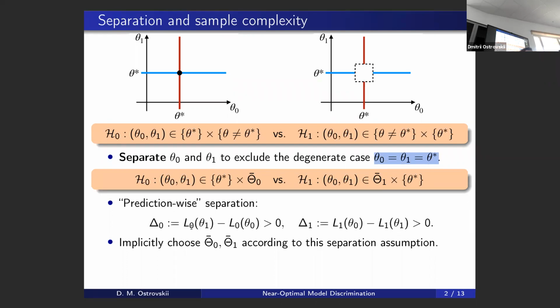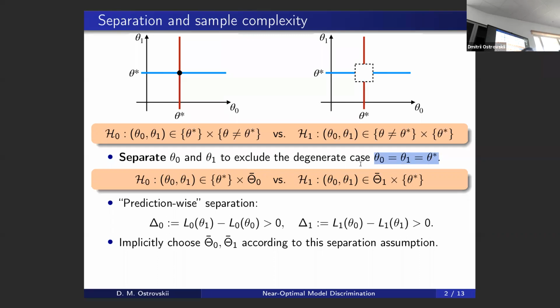I will say that there is some delta 0, the lower bound, or actually the value of the excess risk of theta 1 with respect to theta 0, with a corresponding distribution for which theta 0 is the minimizer. Similarly for delta 1. Delta 1 is the excess risk of theta 0 over theta 1.